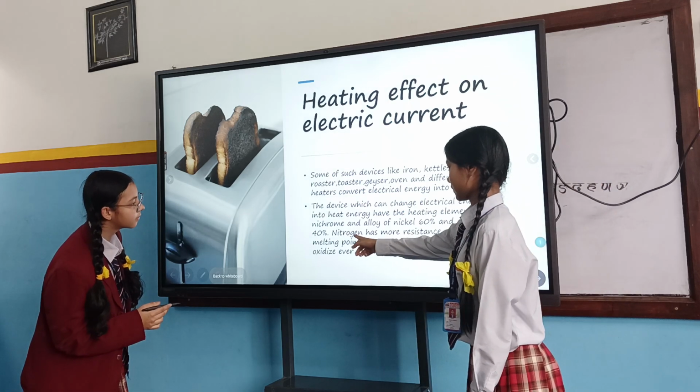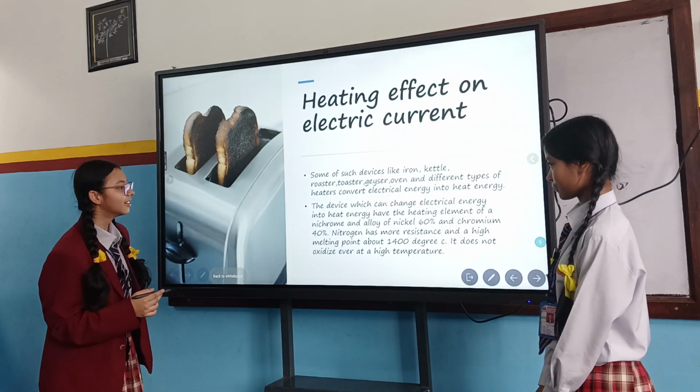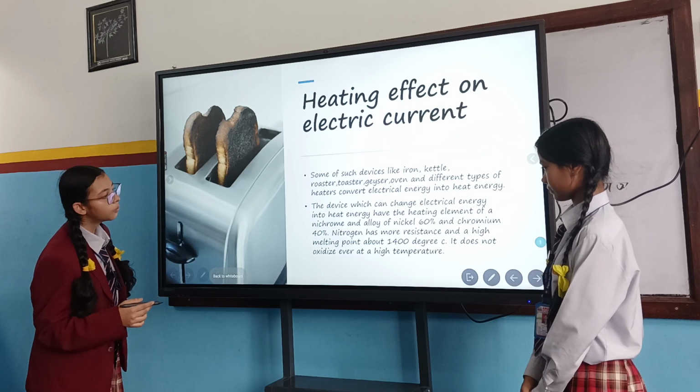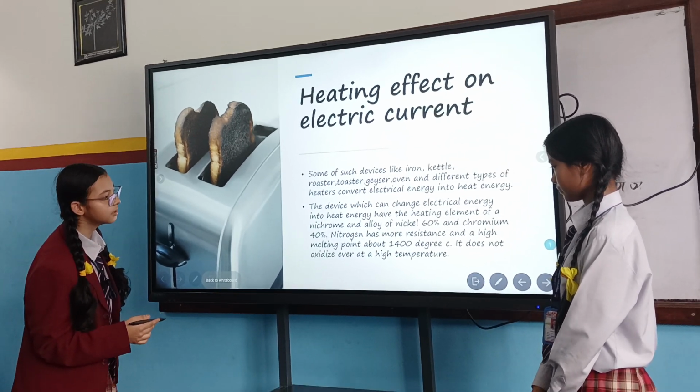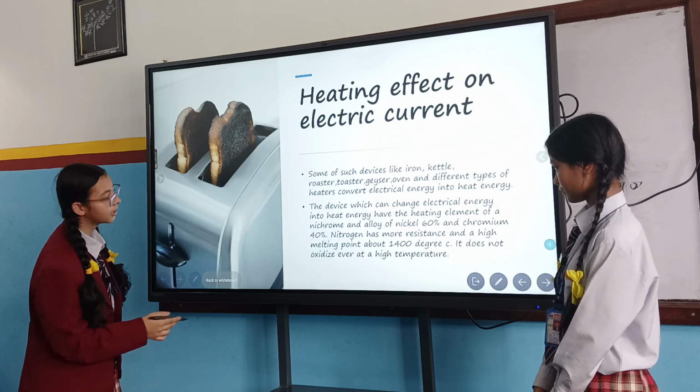Nichrome has more resistance and a high melting point, about 1400 degrees Celsius. It does not oxidize even at a high temperature.